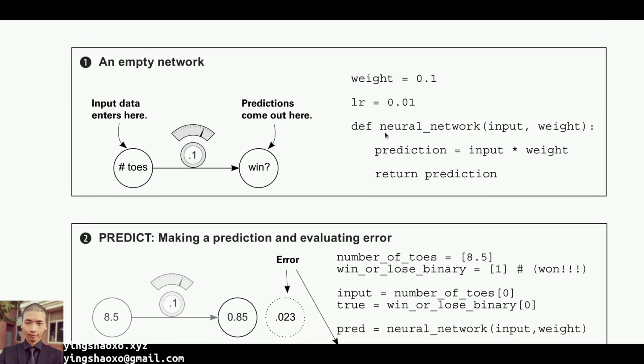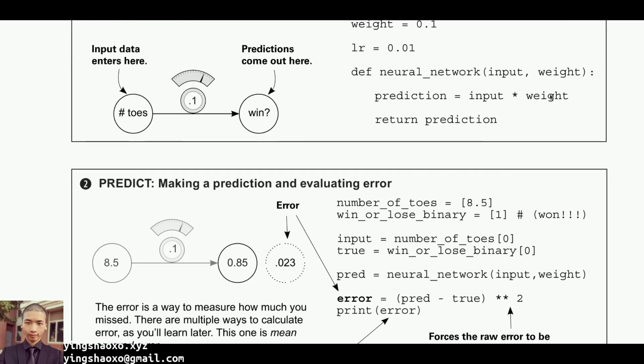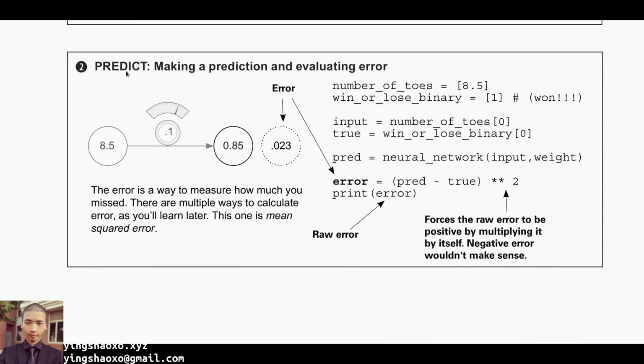We define a neural network. We define a function that takes input and weight, and we multiply the input by the weight. We get the prediction. Predict, making a prediction and evaluating error. So we have the number of toes, 8.5, and the win or not binary.